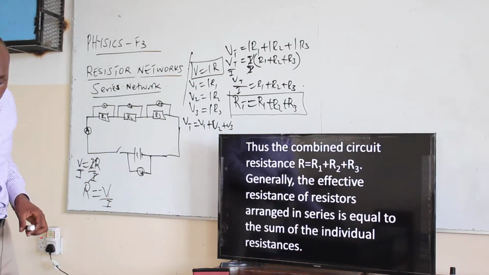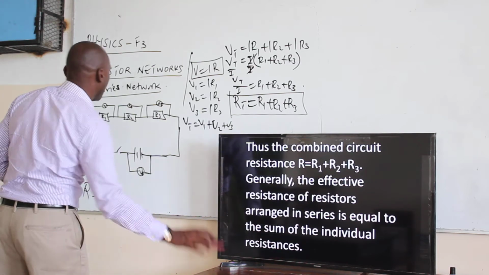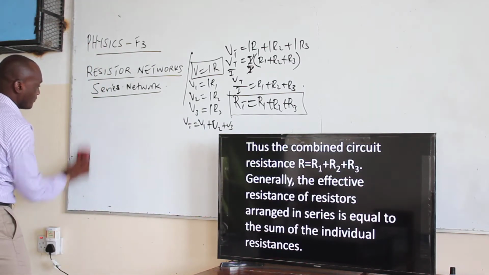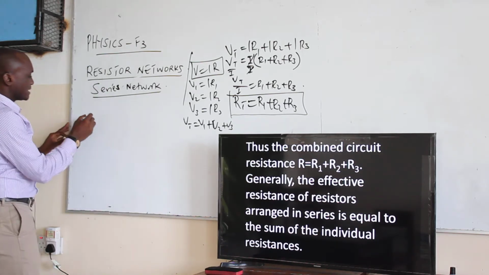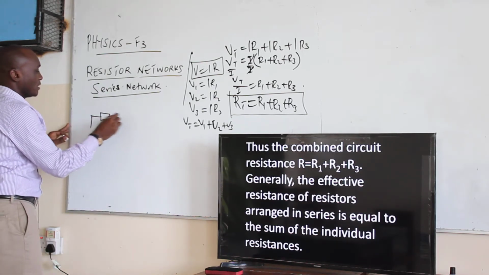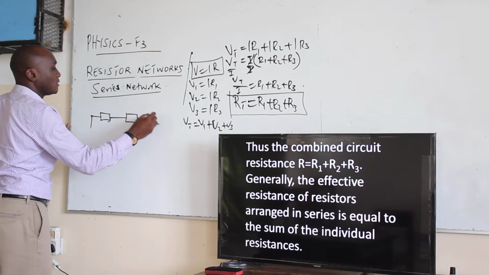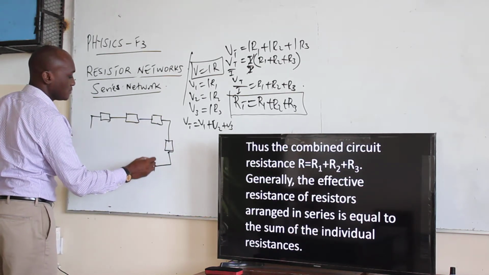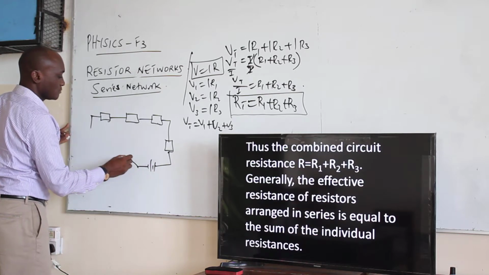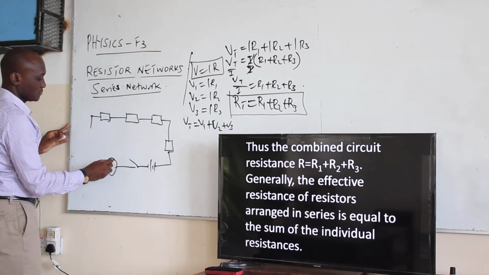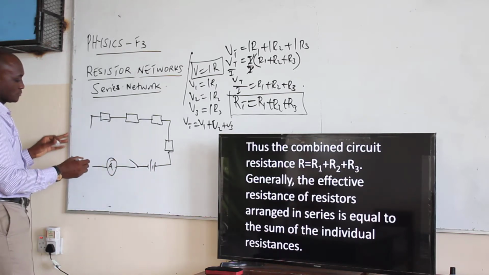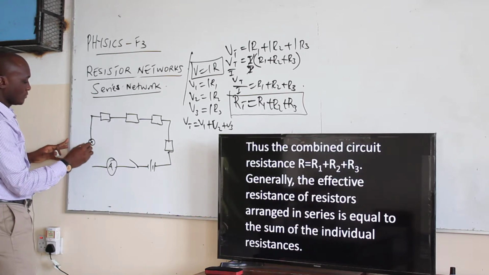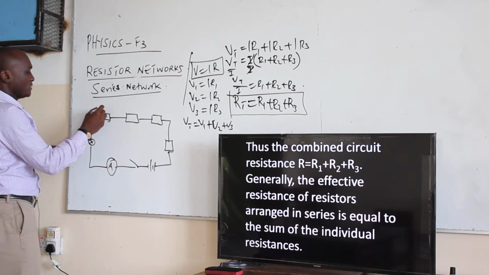Now, there is an example you want to do just before you go to the parallel. Look at this circuit. These are 4 resistors.